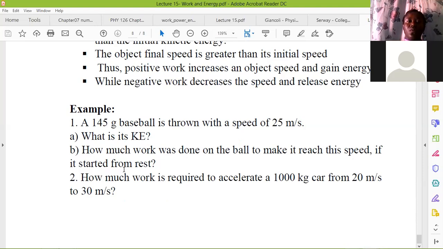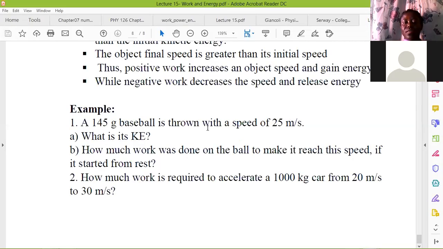So the object is thrown up with a speed equal to 25 meters per second.